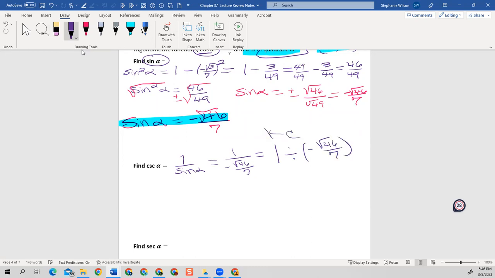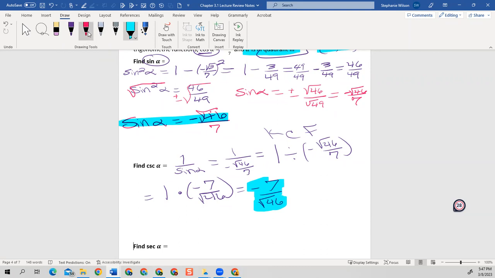We're going to keep, change, flip. I get 1 times the negative 7 over square root of 46, which is negative 7 over square root of 46. However, we're not supposed to have, now here, this is the answer. Negative 7 over square root of 46 is the answer.